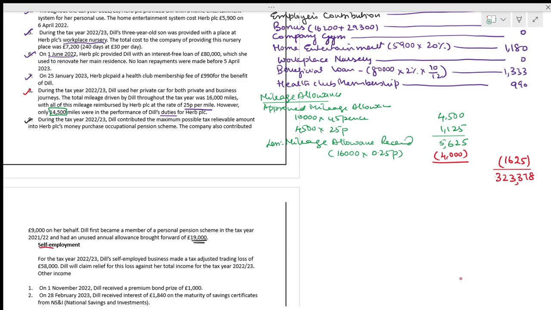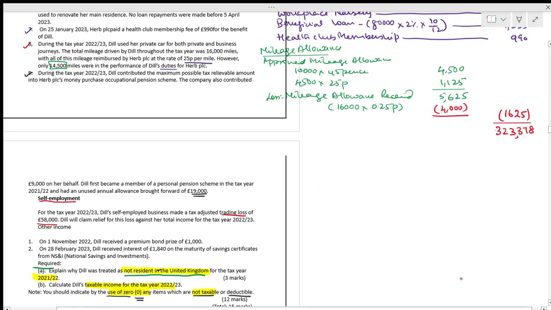Next, what do they say? Now come to this one. Self-employed. For the tax year 22-23, they have a self-employed business that made a trading loss. How much did they get as a trading loss? 58,000. Fine. 58,000. And she claims relief against her total income. Right.